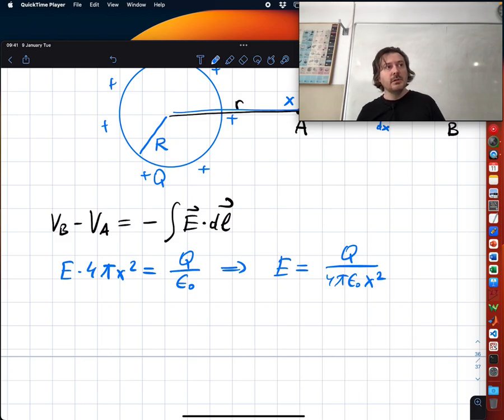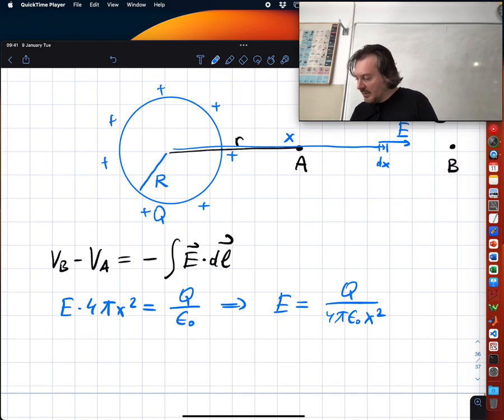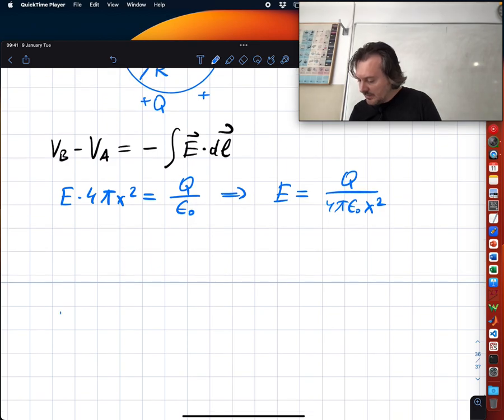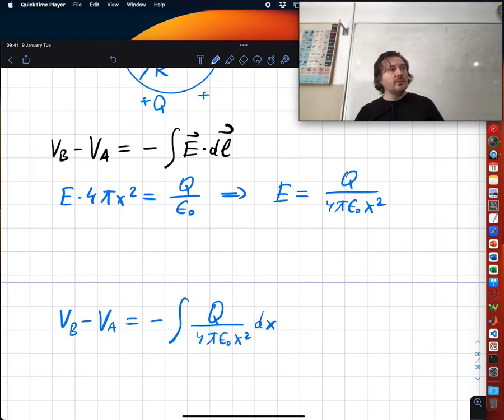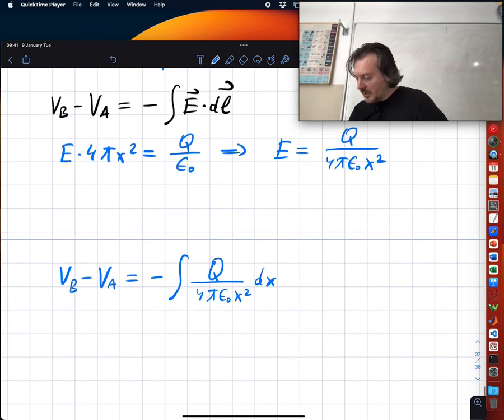Right? Now you use this expression to write down VB minus VA is equal to minus integral Q over 4 pi epsilon 0 x squared dx. Did you follow all this? Let's put the boundaries.